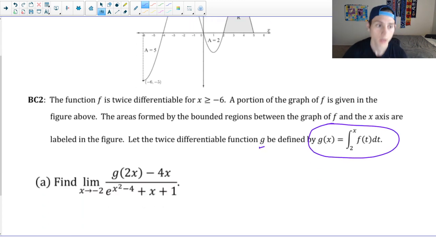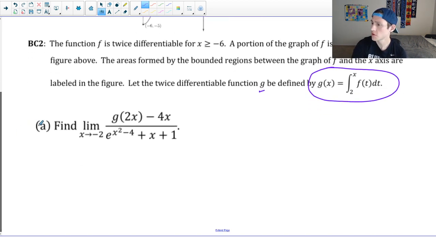All right, so the first thing we want is to find the limit as x approaches -2 of this crazy expression: g of 2x minus 4x, all over e to the x squared minus 4, plus x plus 1. Okay, interesting. So let me first consider the numerator.